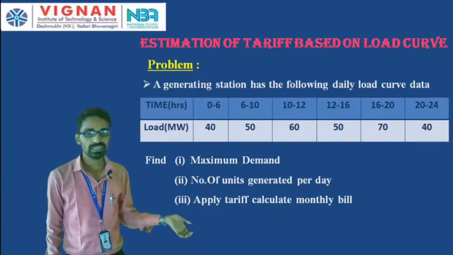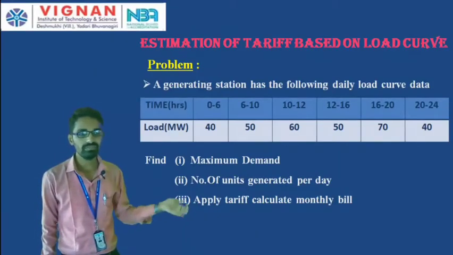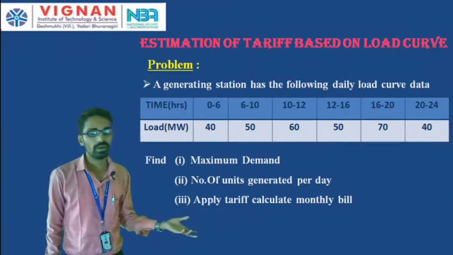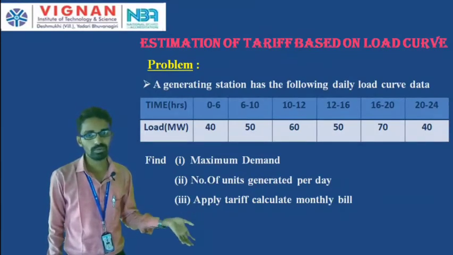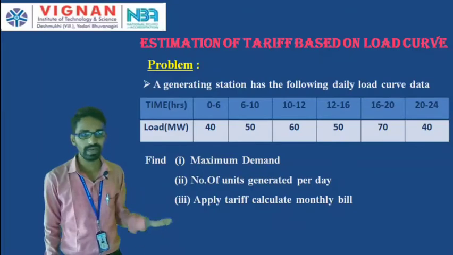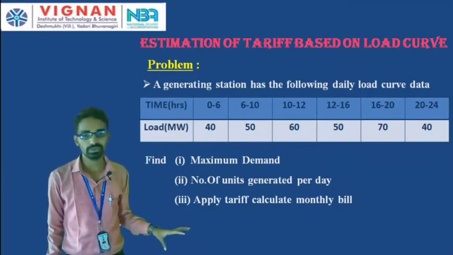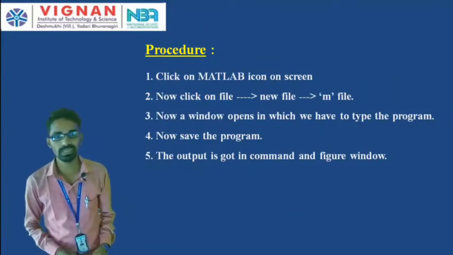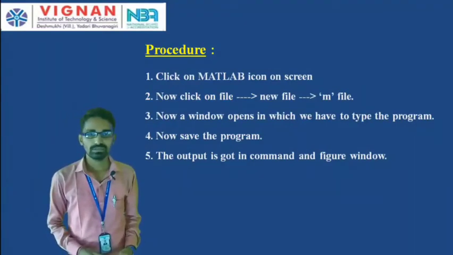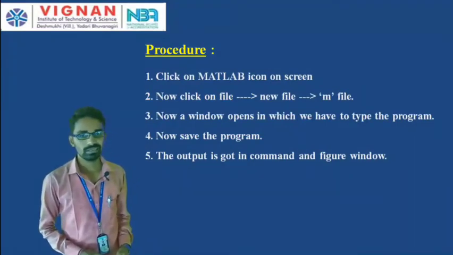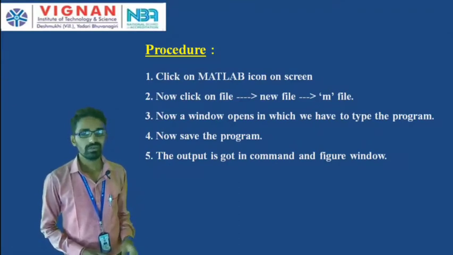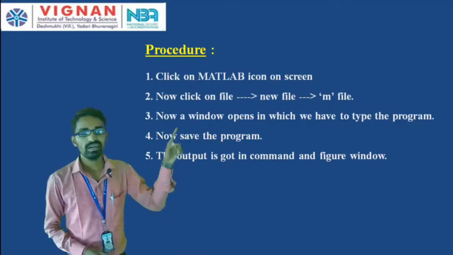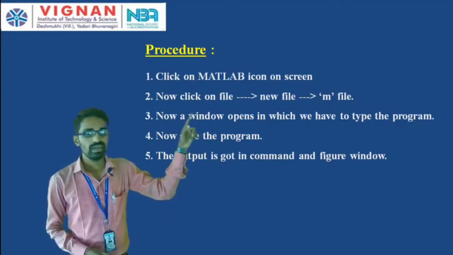We are going to run this program in MATLAB and compare the two values, the theoretical one and the one from the program. How do we write this program in MATLAB? Click on the MATLAB icon on the screen, then click File, then New, then M-file.